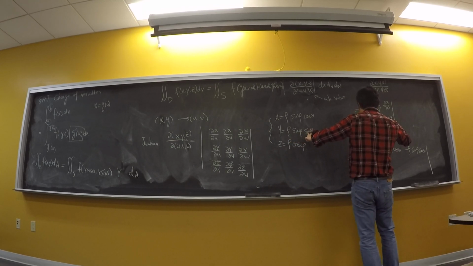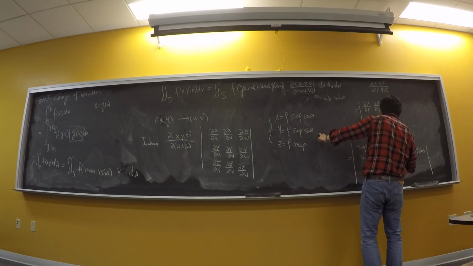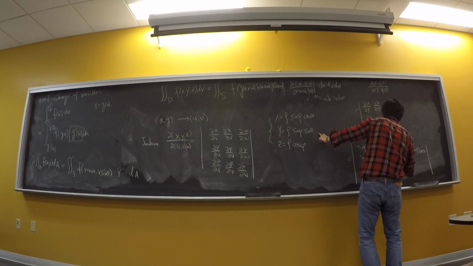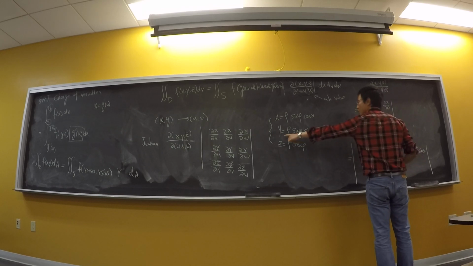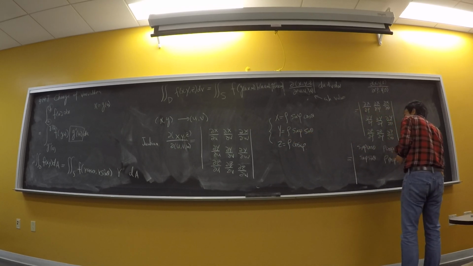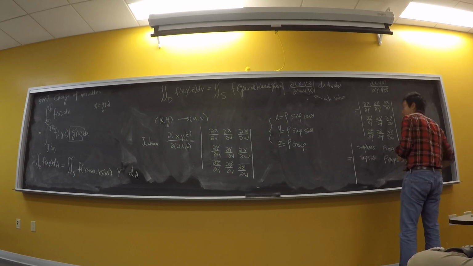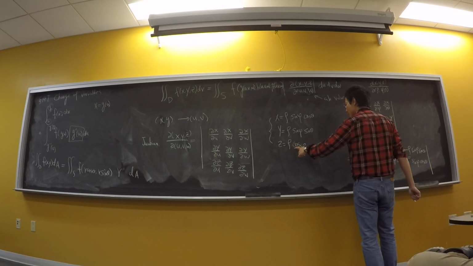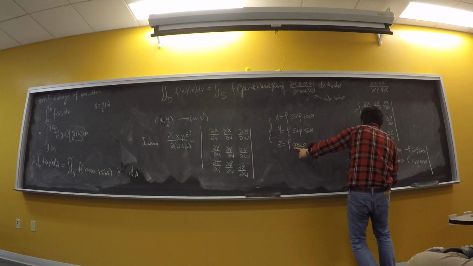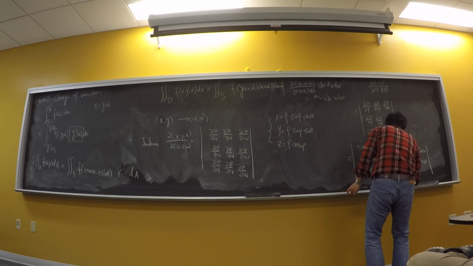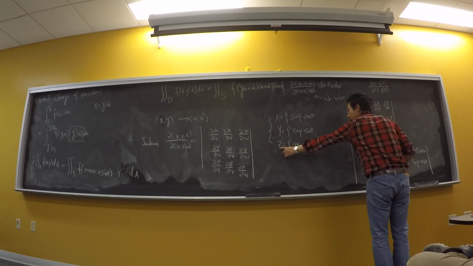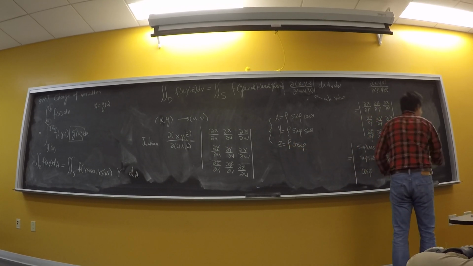Partial y, partial phi, I'm getting a rho cosine phi sine theta. And partial y, partial theta, I'm getting a rho sine phi cosine theta. Partial z, partial rho, I'm getting a cosine phi. Partial z, partial phi, I'm getting a minus rho sine phi. And partial z, partial theta, I'm getting a 0.